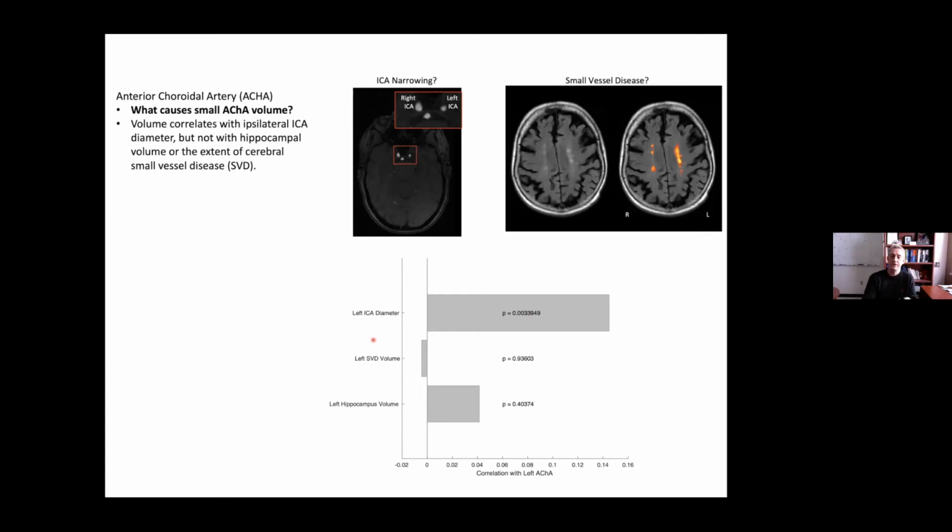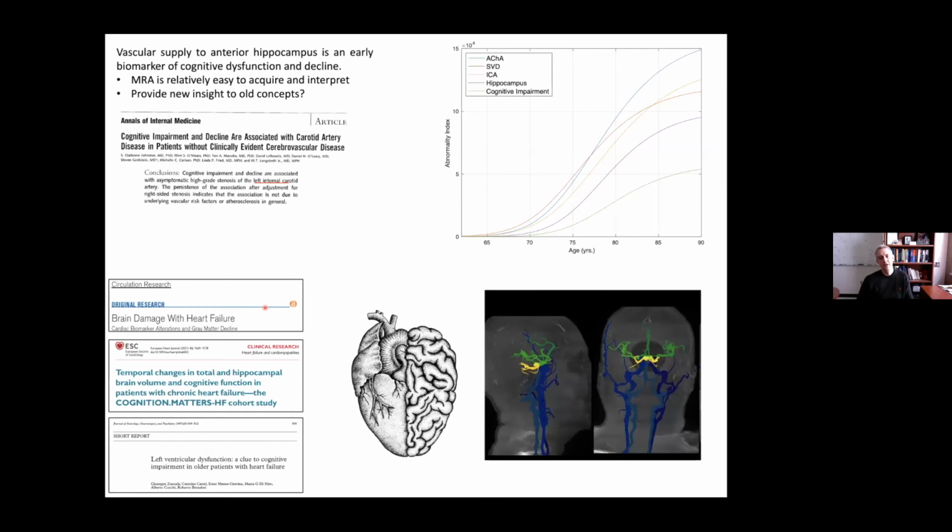And when we compared it to small vessel disease or hippocampal volumes, we didn't find very good correlations. So it brings us back to where we were 100 years ago, when vascular surgeons started alerting the community that, hey, when we look at the carotid arteries, there's a real asymmetry here. The left carotid seems to be having more of an effect on overall cognition than the right.